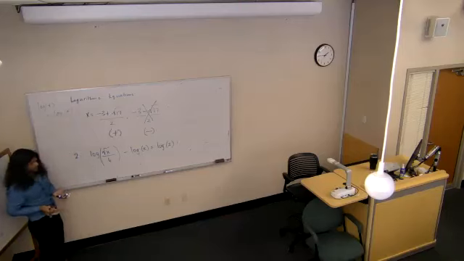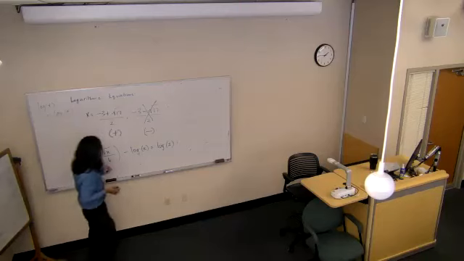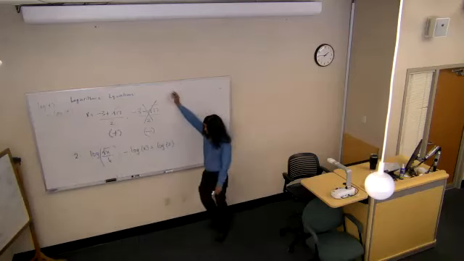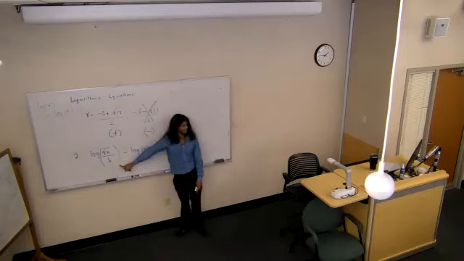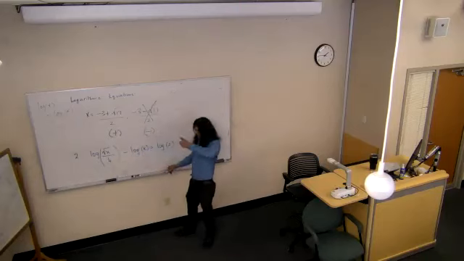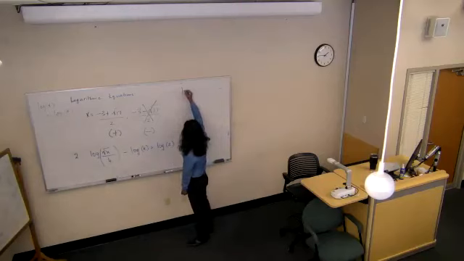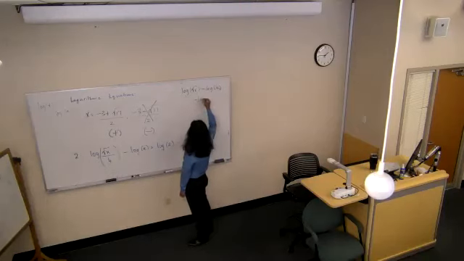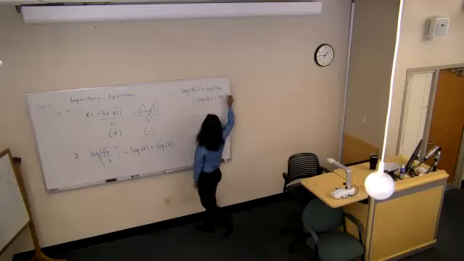There are multiple ways to do this problem. So I'm going to use a property. I have something divided by something. So log square root of x minus log of 4 minus log x equals log 2.